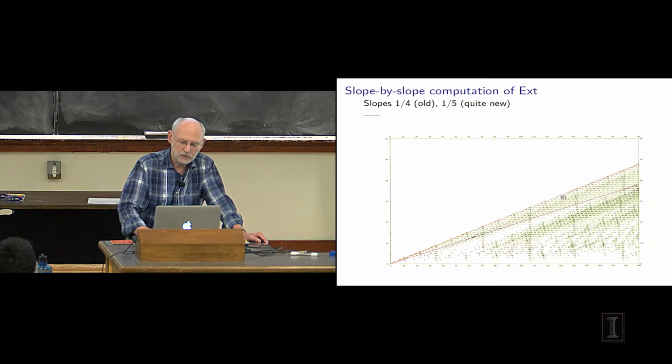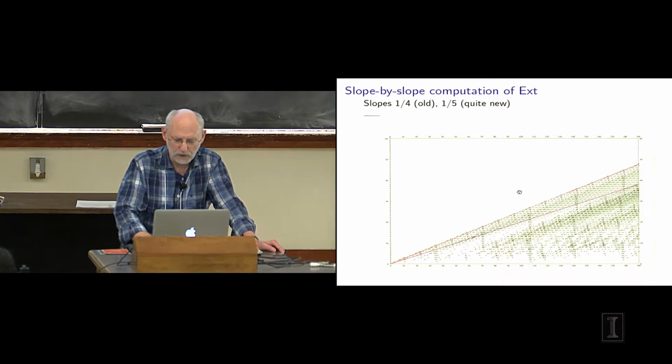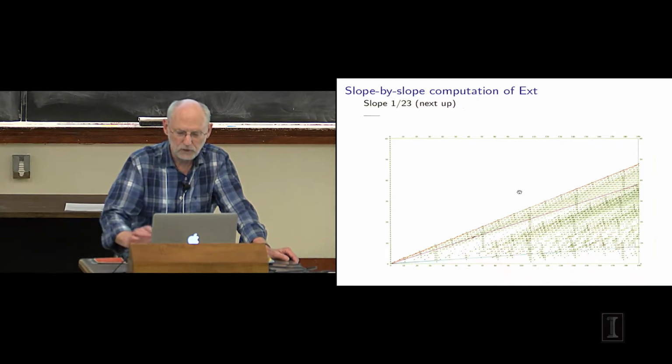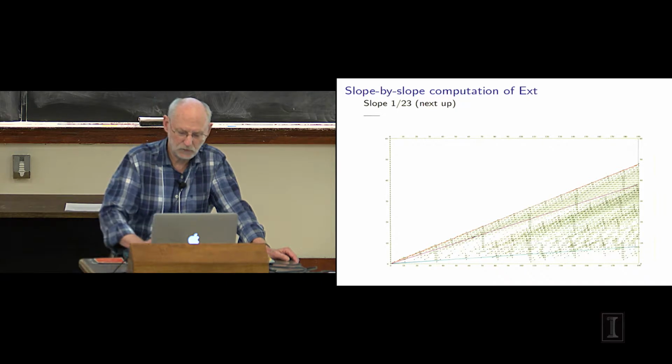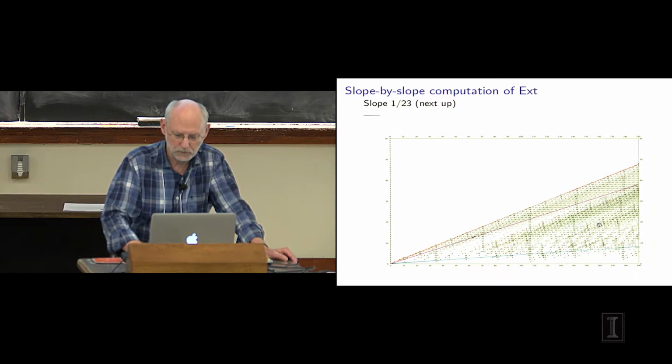And then there's a range beyond that, between slopes 1/4 and 1/5 that I'll describe to you. And what's new is an attempt, a program, to understand this picture above a line of slope 1/23, so a significant improvement in getting at some quite complicated parts of this picture.